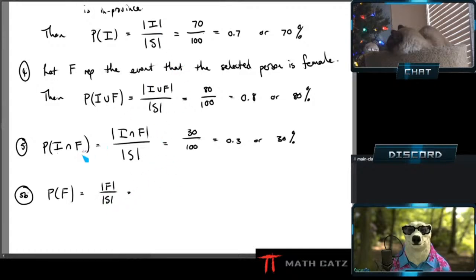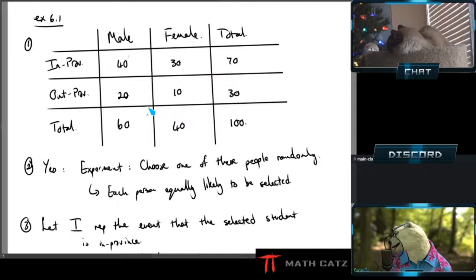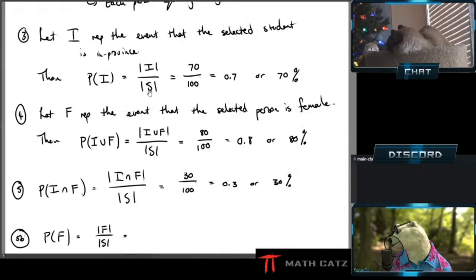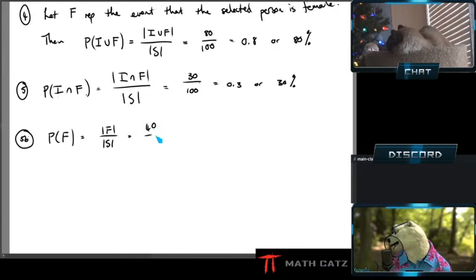If I had the table, I just have to identify what numbers I am looking for. What am I interested in? In this case, just the female, but any in province or out of province, so 40. So 40 out of 100 will be female.